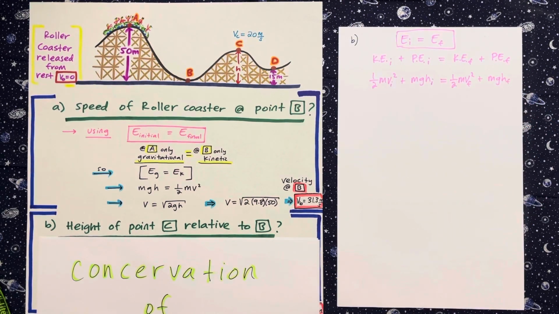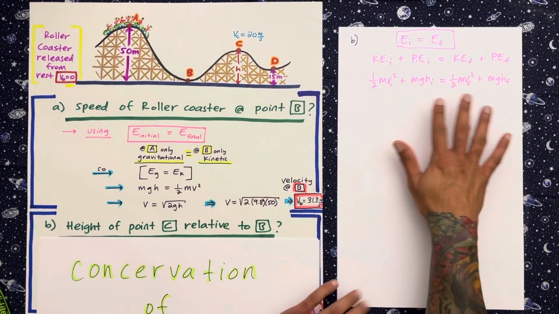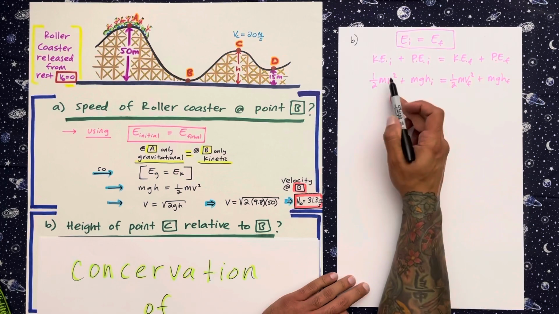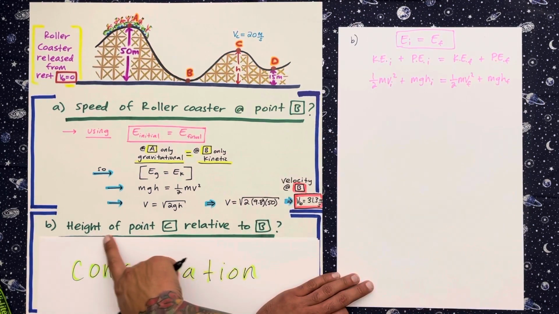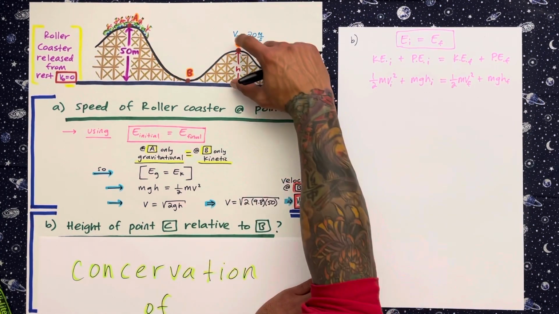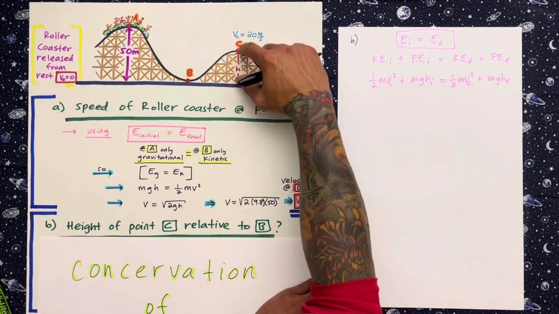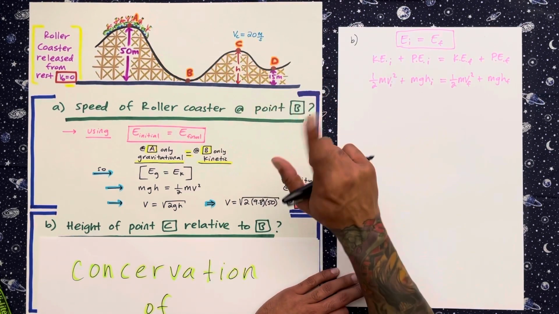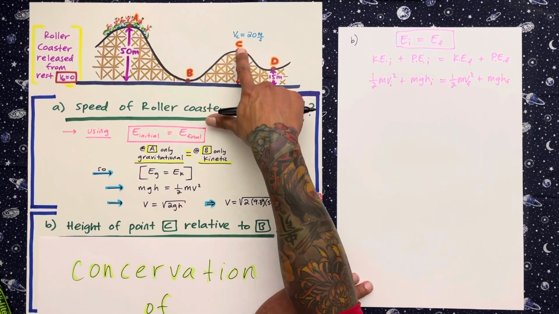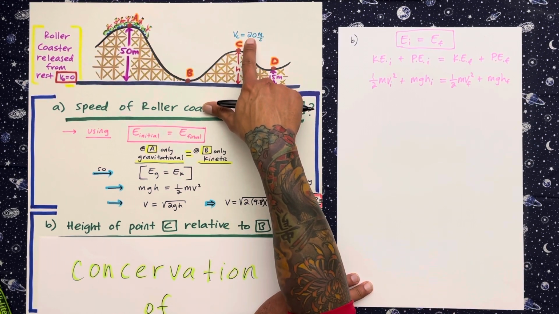Okay, so now we can look at what we need and what we don't have. So first, let's read the question again. The height at point C, relative to B. So this is what we're looking for. So it tells us that at C, we know that there's already a velocity.